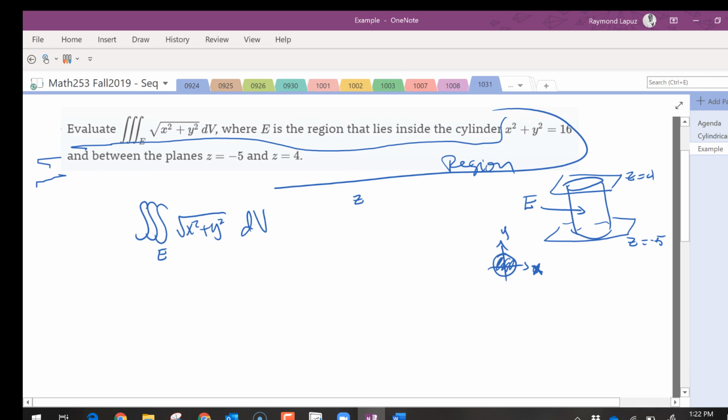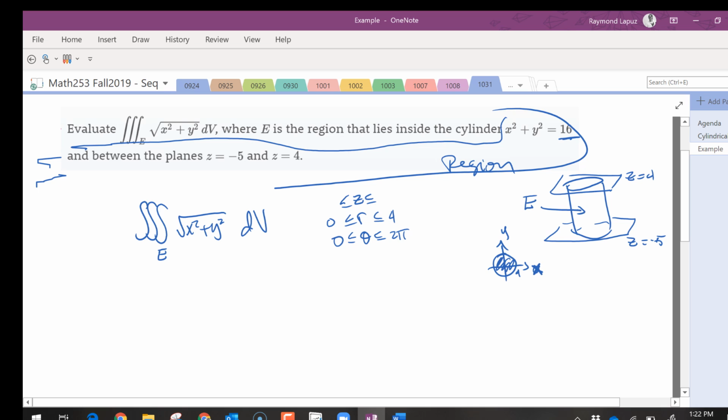So now what we're going to do, instead of looking at it as a cylinder, is look at it as z going from -5 to 4, and then x and y is going to change into r and theta, where r is going to go from 0 to 4. And theta goes all the way around to 2 pi.